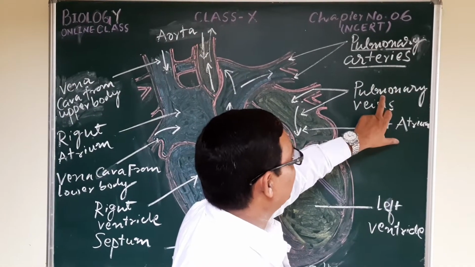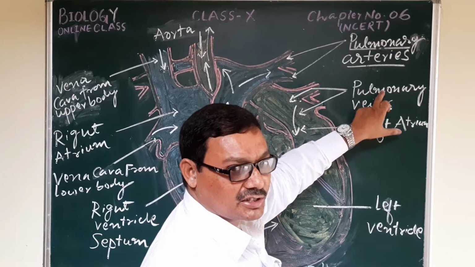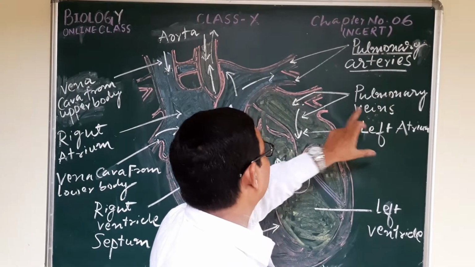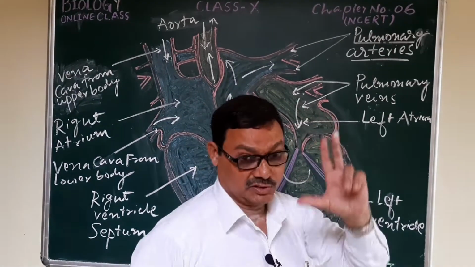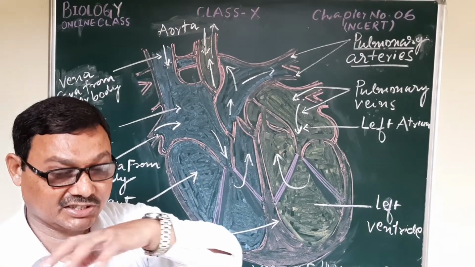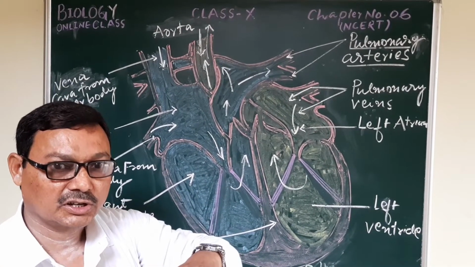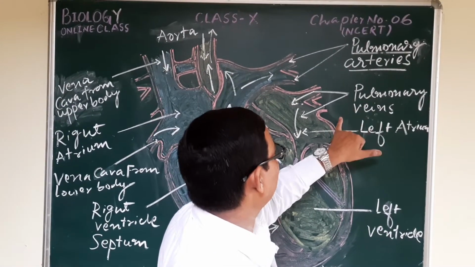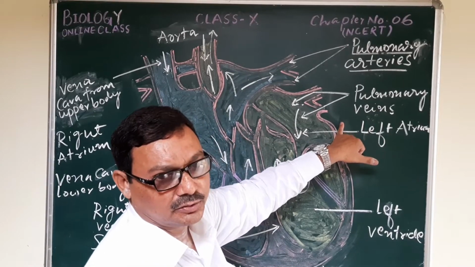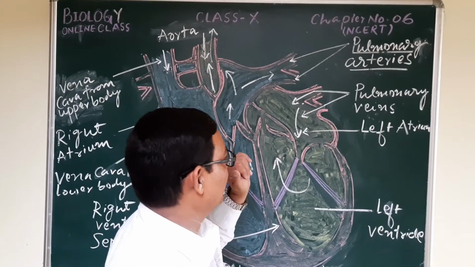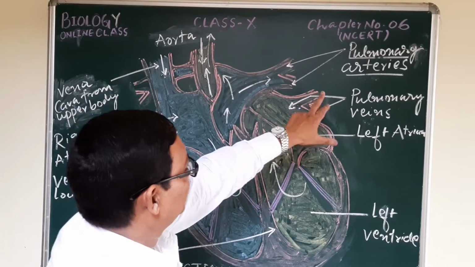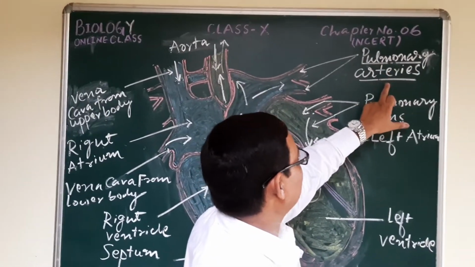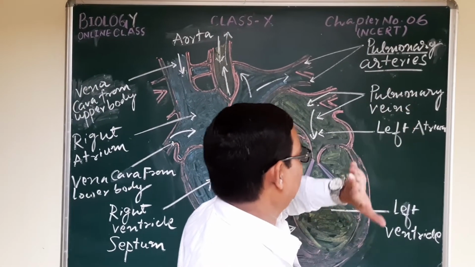And here are the pulmonary veins. Within veins there is usually deoxygenated blood, but in the pulmonary veins there is circulation of oxygenated blood.